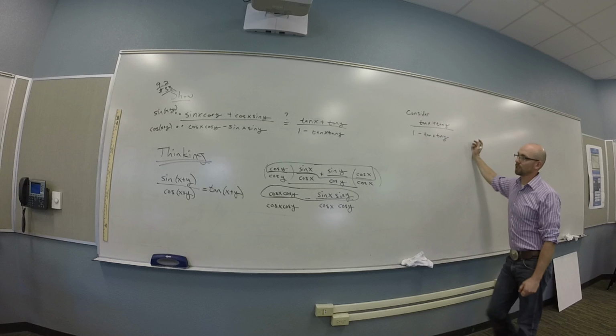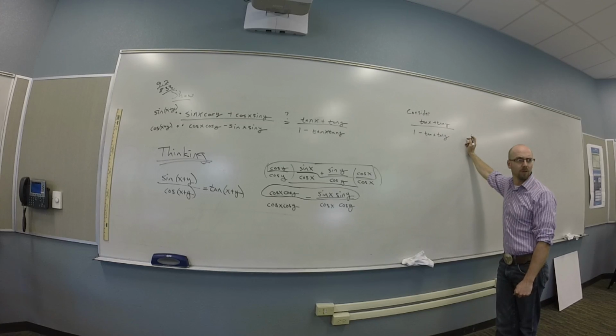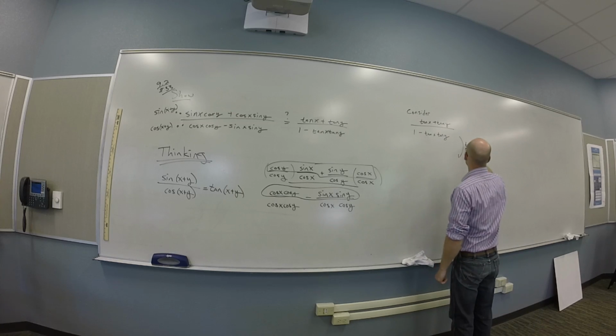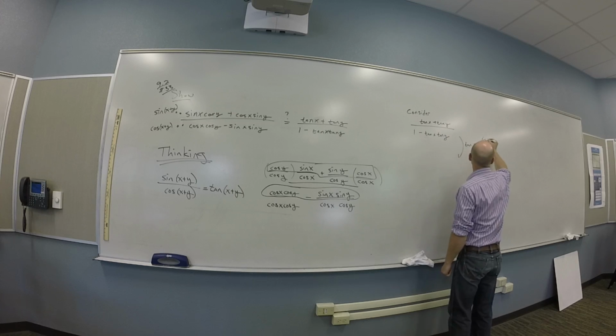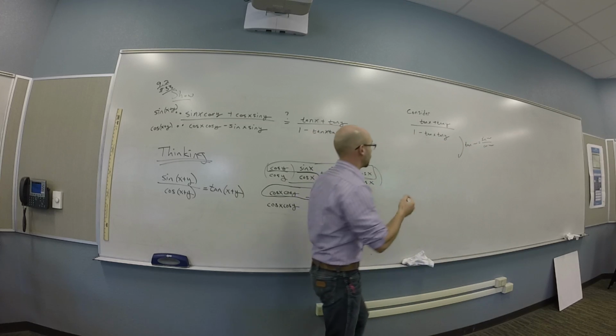And then what are we going to do with this? So what did we discover? What was our first step? Turn everything into sine and cosine. Okay, so we're going to use the fact that tangent of stuff is sine of stuff over cosine of stuff. So we're going to rewrite.